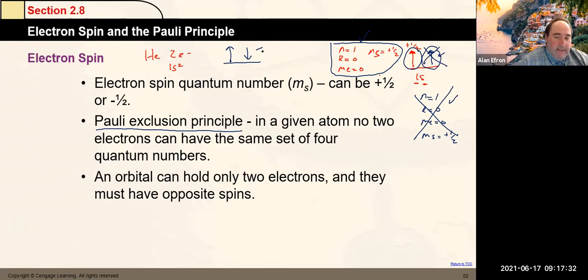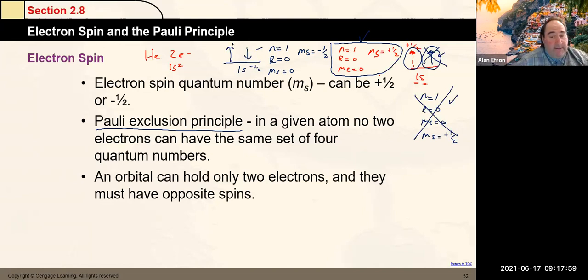The second electron now will have n equal to 1, again on the first energy level. L is equal to 0 because it's an s orbital. M sub L is also equal to 0. And now the spin on this one is minus 1/2. Again, not plus 1/2, but minus 1/2 because it is heading downwards.